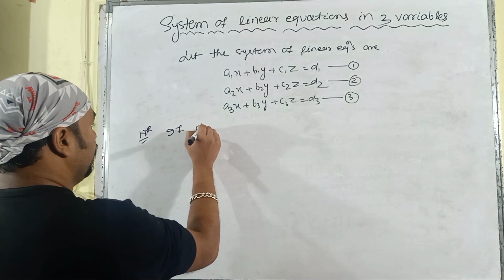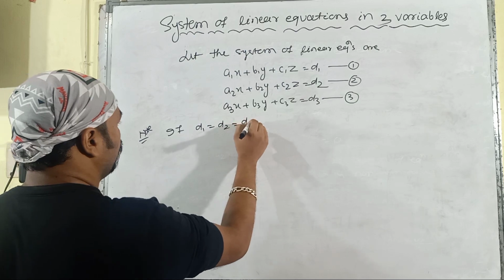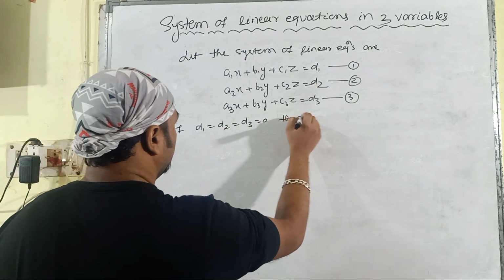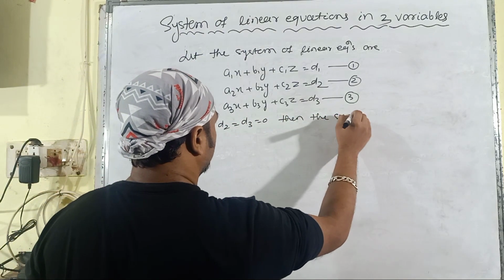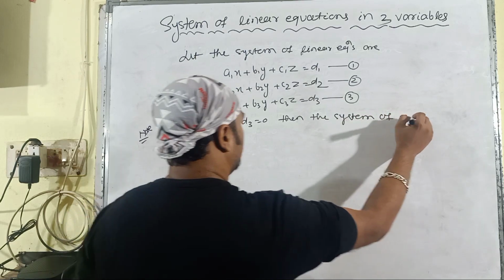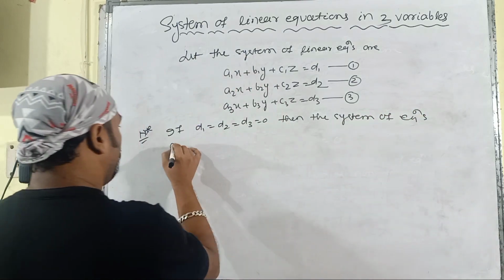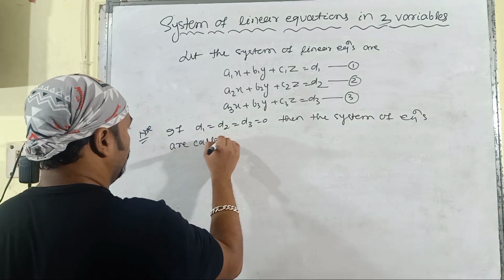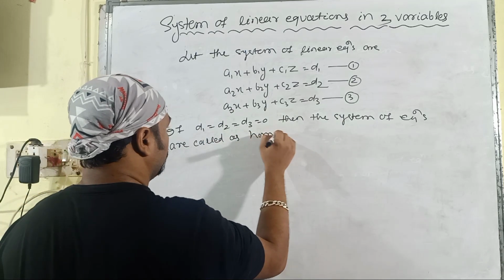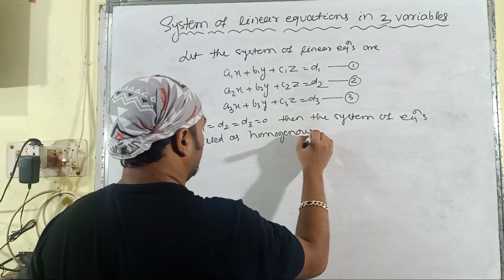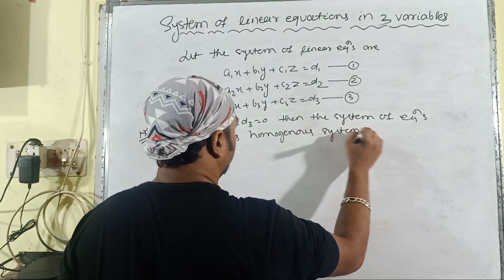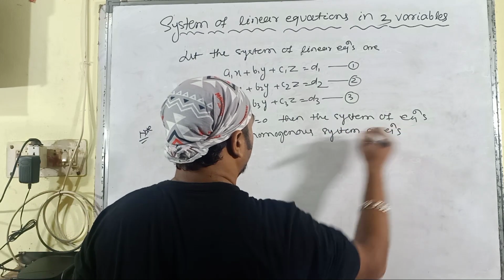If d1 is equal to d2 is equal to d3 is equal to 0, then the system of equations is called a homogeneous system of equations.